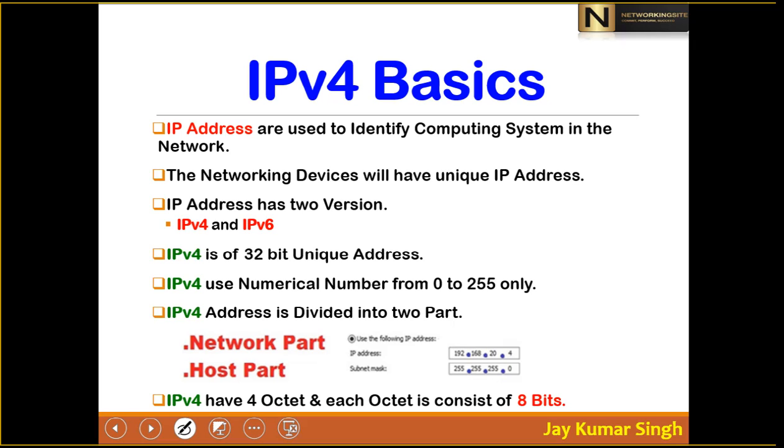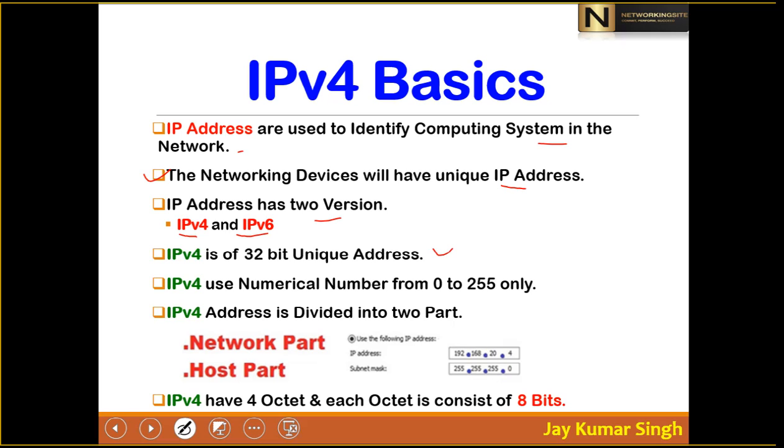IPv4 basics. IP addresses are used to identify the system in the network. The networking devices will have a unique IP address for communication. IP addresses have two versions, you can say IPv4 and IPv6.